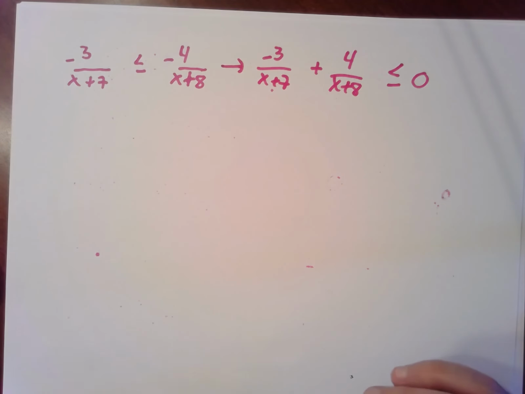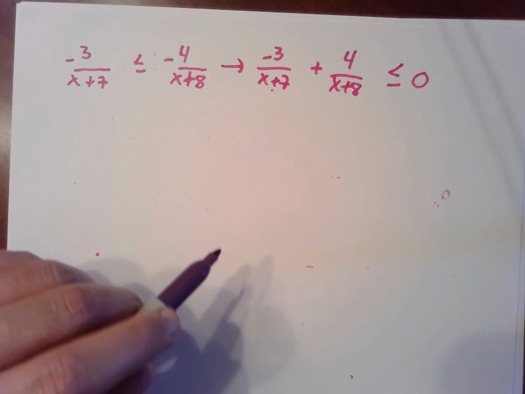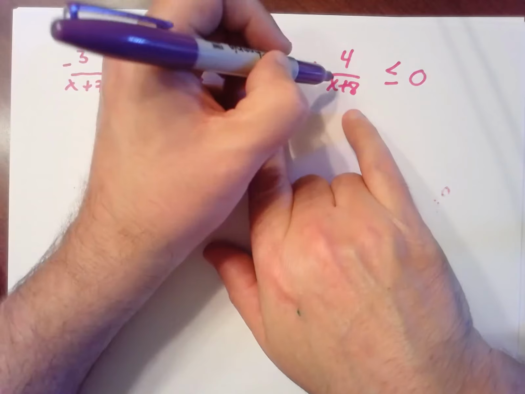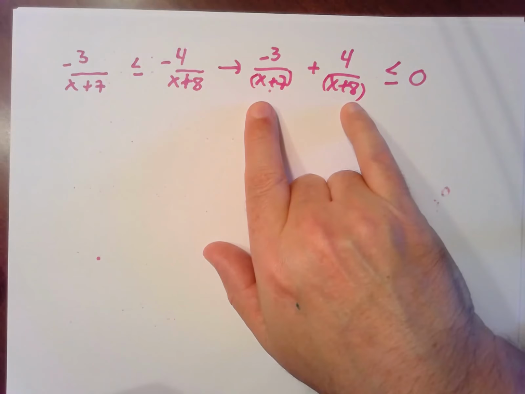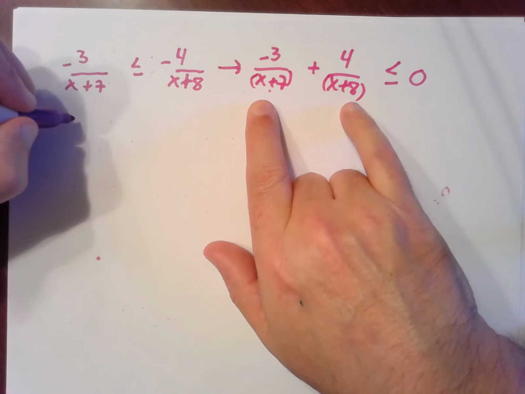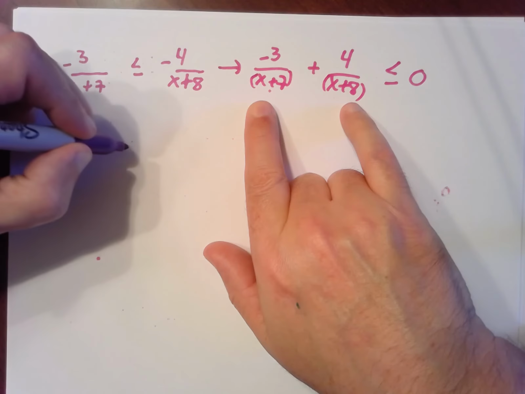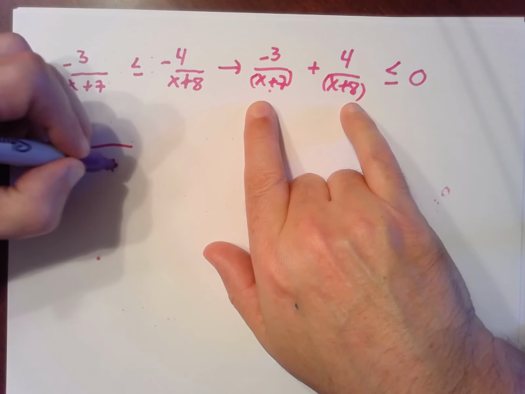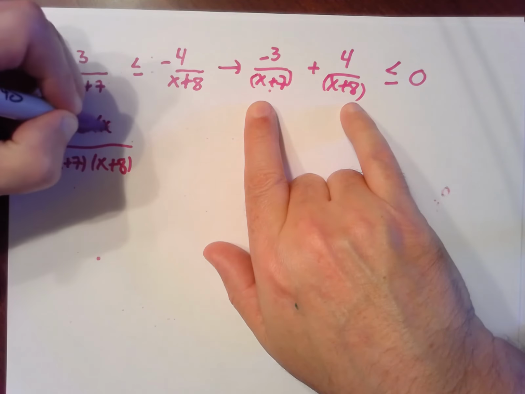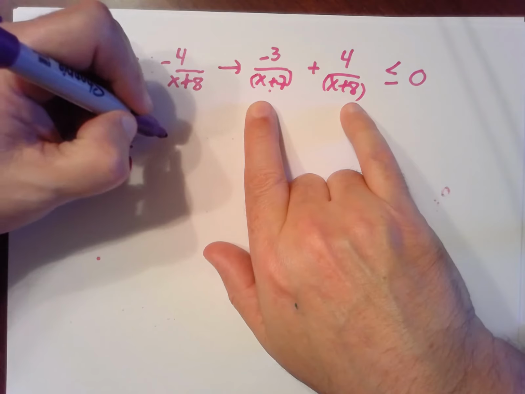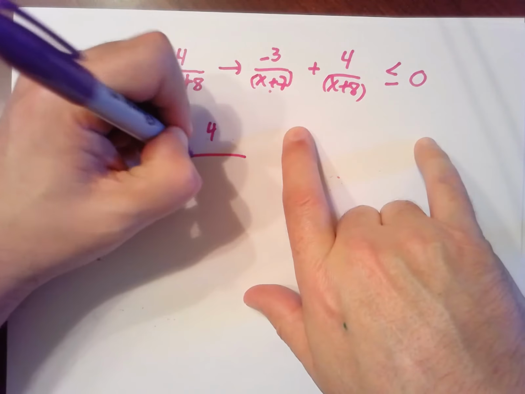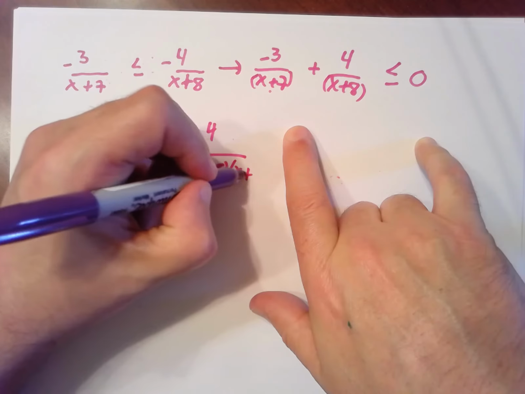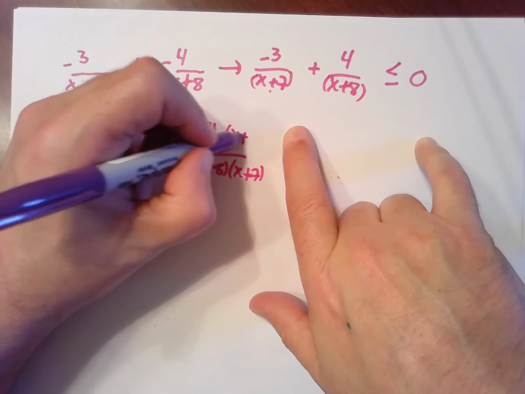Okay, now I have to get a common denominator. My LCD here is just going to be these two multiplied together: x plus 7 times x plus 8. So this first fraction is missing an x plus 8, top and bottom, plus the second fraction has the x plus 8, he's missing the x plus 7, top and bottom.